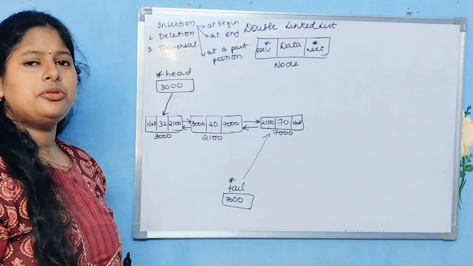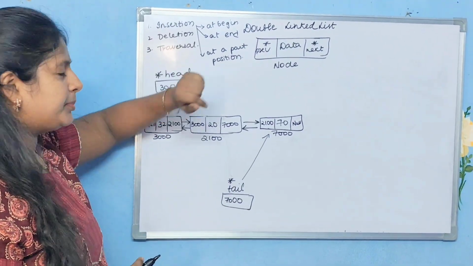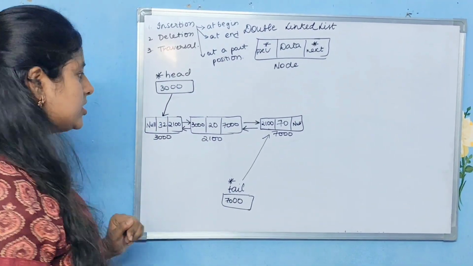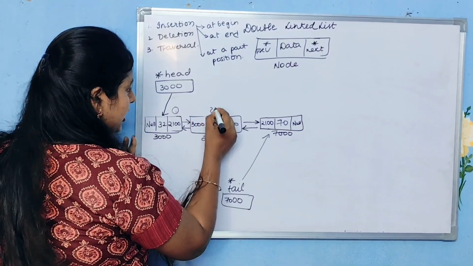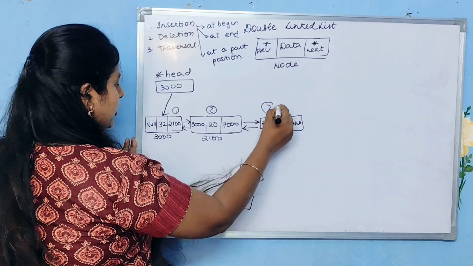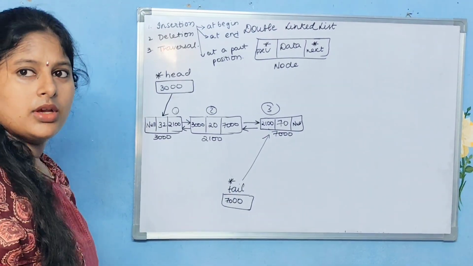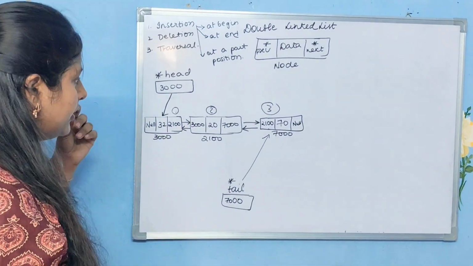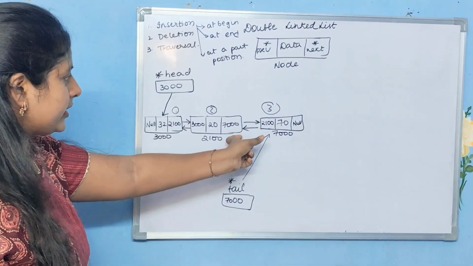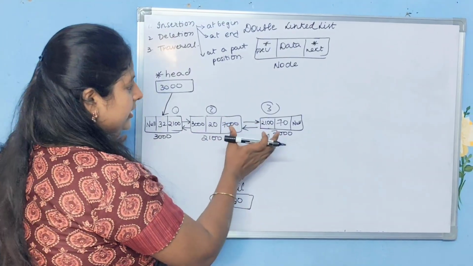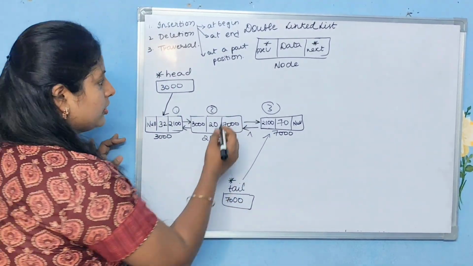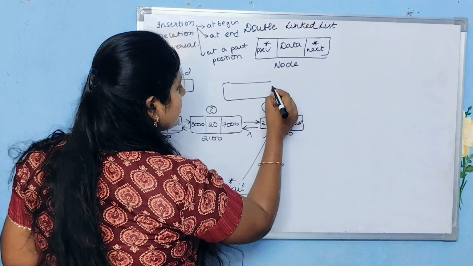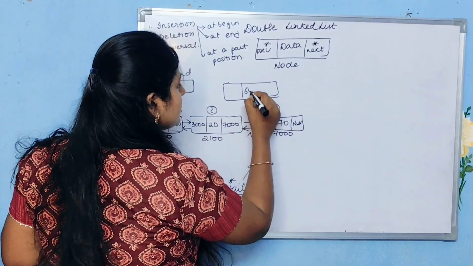So now we'll see how to insert at a particular position, right? So this is my first node, this is my second node, and this is my third node. Okay. So I want to insert between 2 and 3. That means at the third position, here I want to insert an element. Okay. Now my node to be inserted is 64.